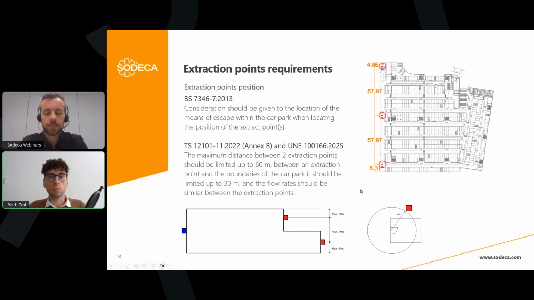This is because we want to have a uniformly distributed extraction in the border of the car park. We refer to these standards because the British standard lacks some of this information, so we get information from other standards that are also for ventilation in car parks that allow us to have a good design. That's what we want.